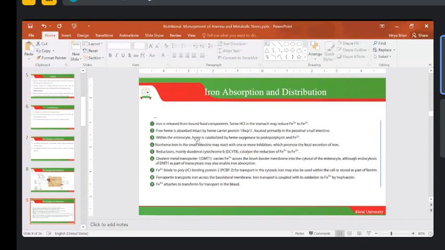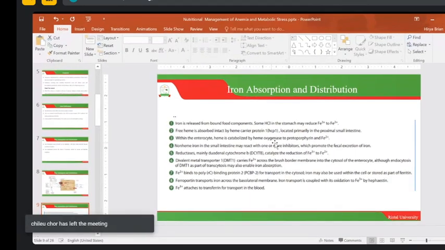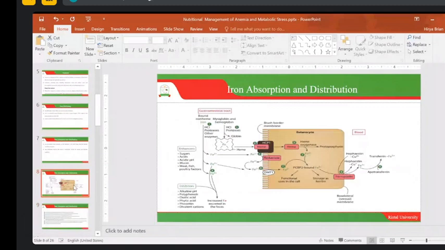Within the enterocyte, the heme is catabolized or broken down by heme oxygenase to protoporphyrin and iron 2. If you look here, you'll see the heme oxygenase breaking it down into protoporphyrin and iron 2.